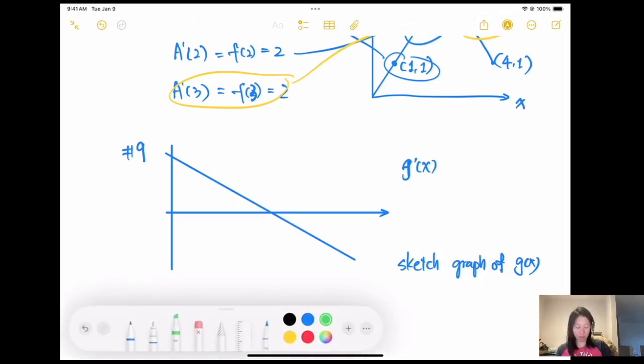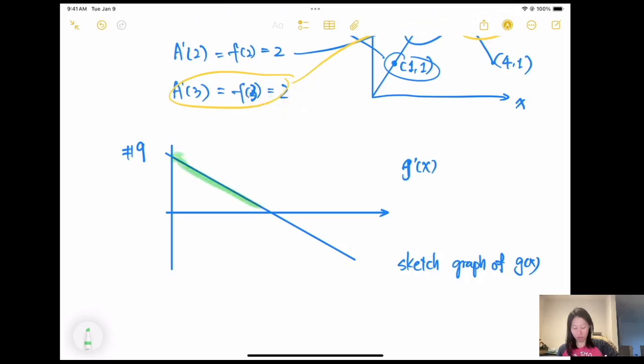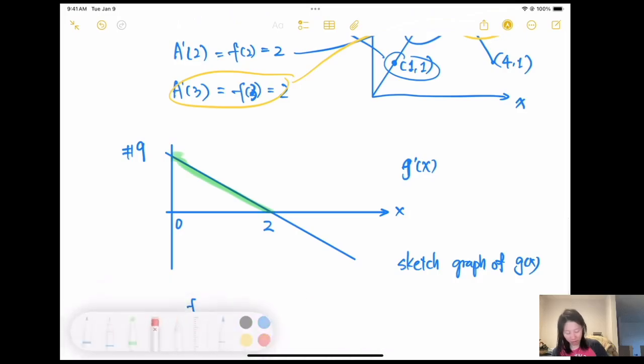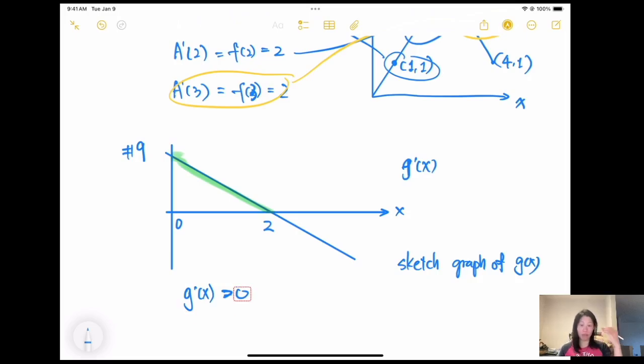When we analyze it, we need to look at which part g prime of x is greater than 0. So from x from 0 to 2, g prime of x is greater than 0 because it's above the x-axis.